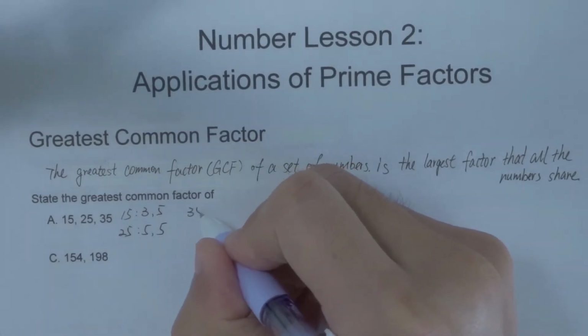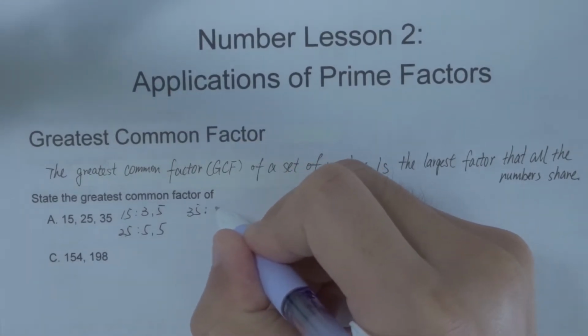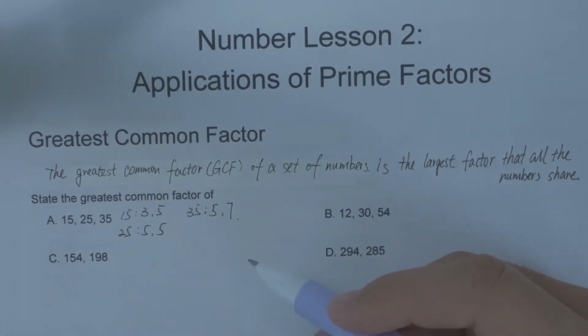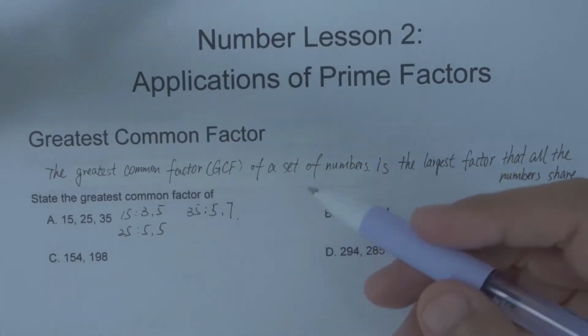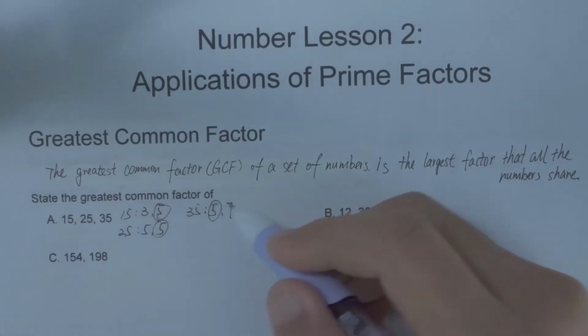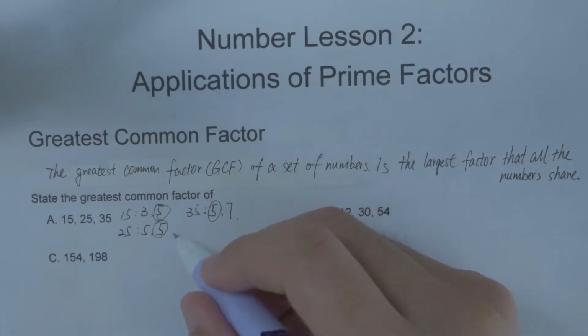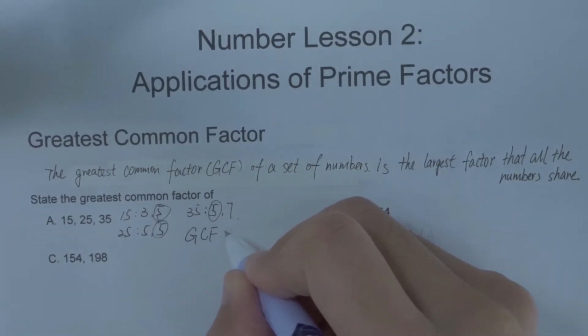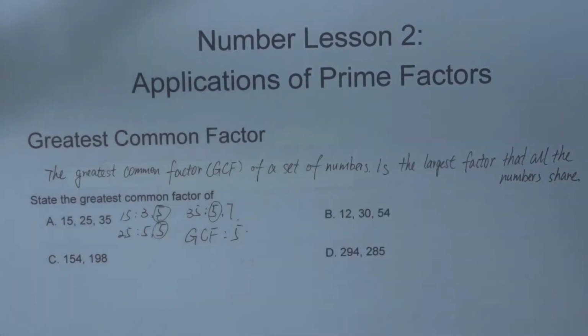And 35 is 5 and 7. We need to find the number in common, and we can find 5, 5, 5. All of them have 5. So the greatest common factor is 5 for this one.